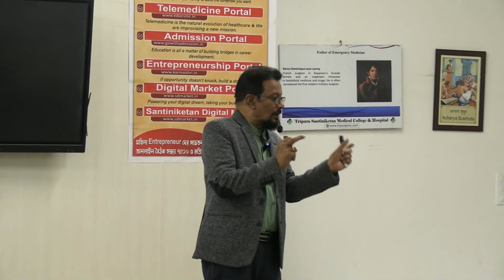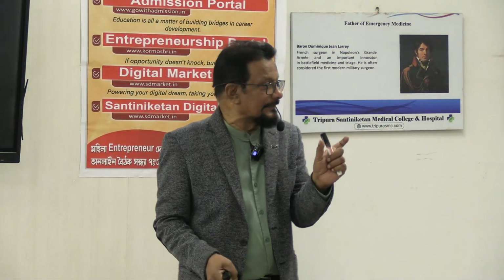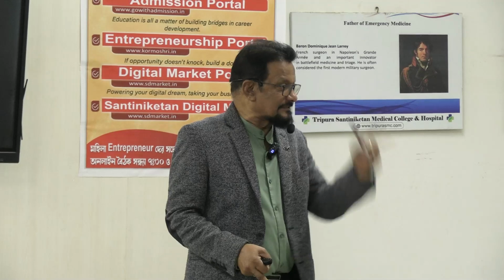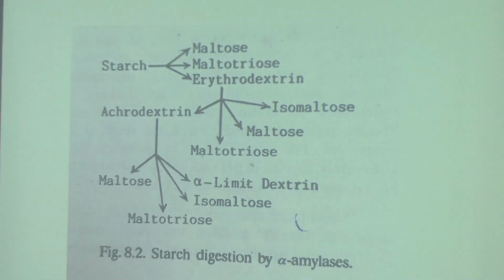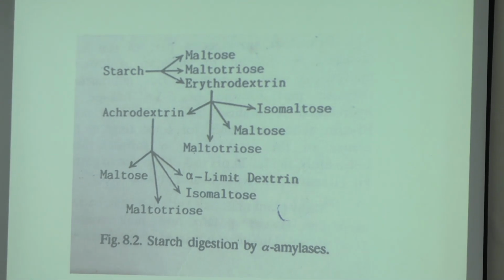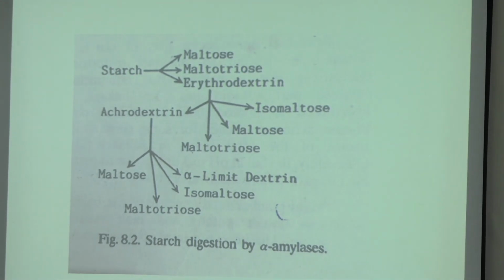The glucose residue, on one side is making 1,4 and on the other side is making 1,6. So it cannot touch this 1,4-glycosidic link. These are the stages of digestion of starch by amylase. You won't get it in another book.